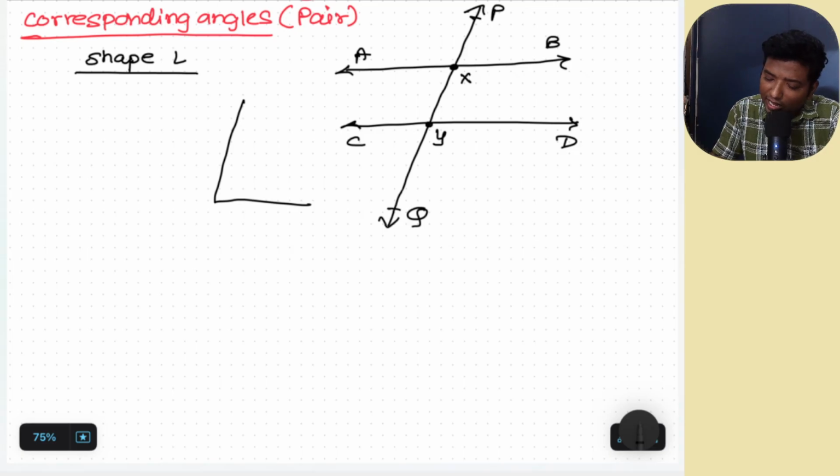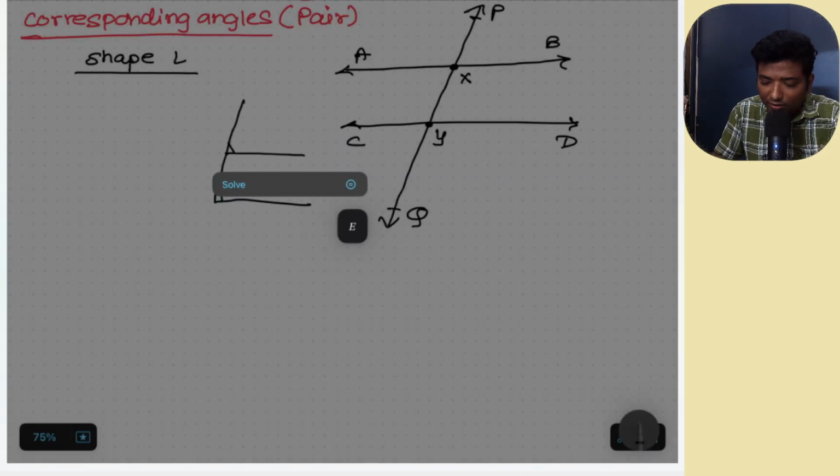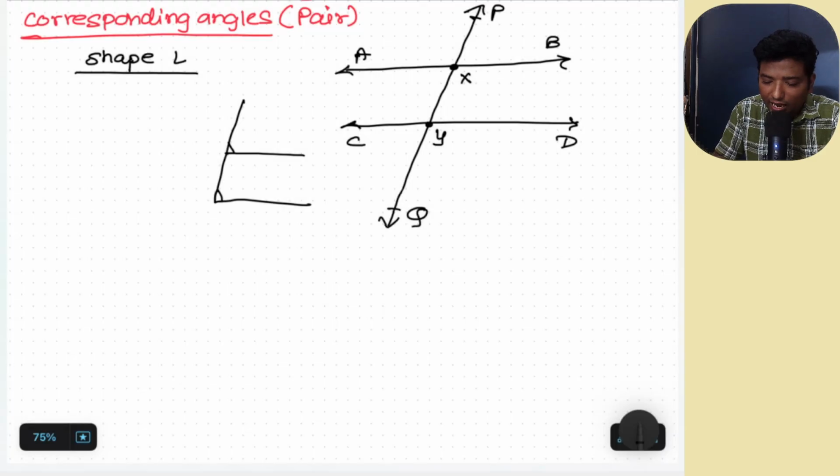Within it there will be another small L. So you get a bigger L, and within the bigger one there is a smaller L. These two become the corresponding angles, the pair.